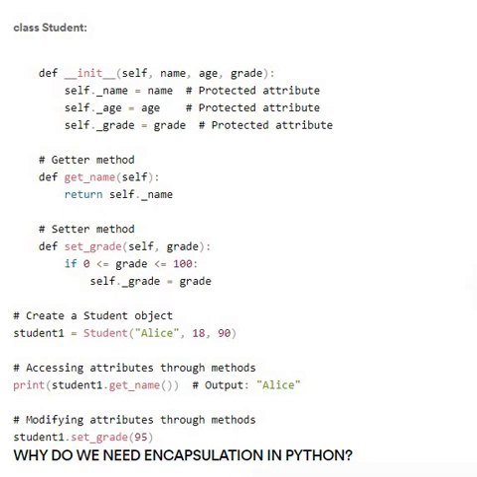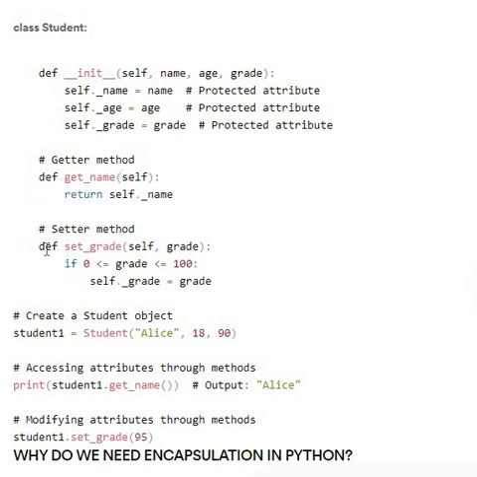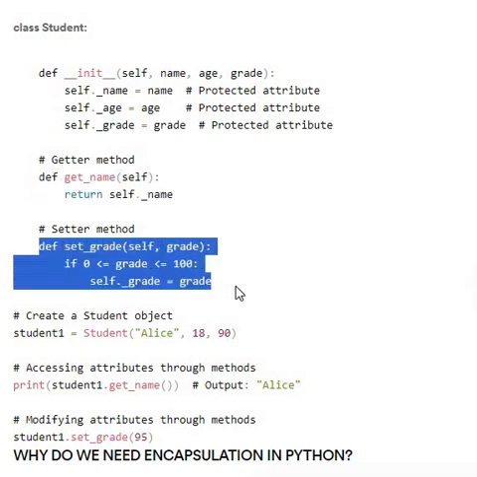So look at the class example clearly. Student is the class name. We have an init method and we have get name and we have set grade. So we have two methods.